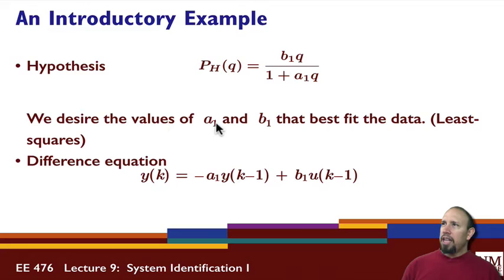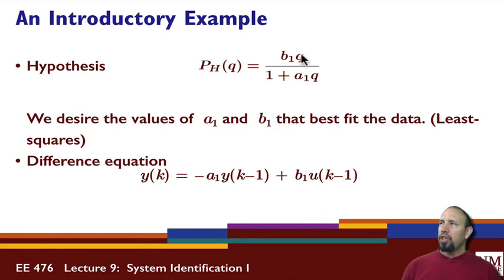We're looking to find the values of A1 and B1, the parameters for this model. We have 5 pieces of data and 2 parameters, and we're going to find the A1 and B1 that best fit the data, in terms of least squares.